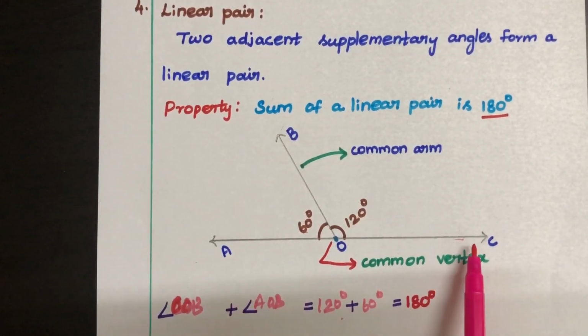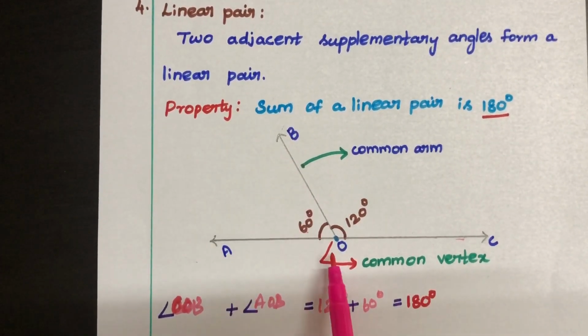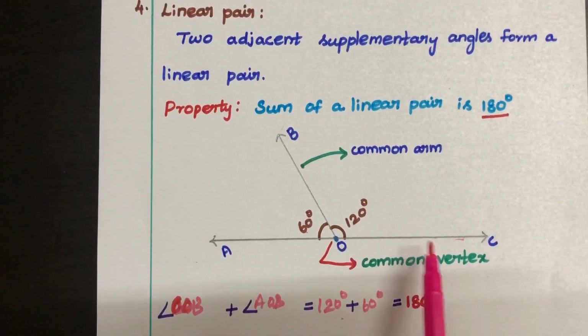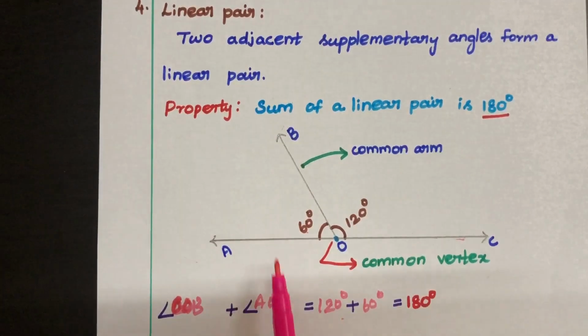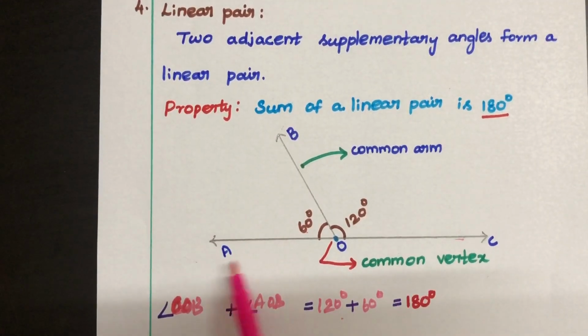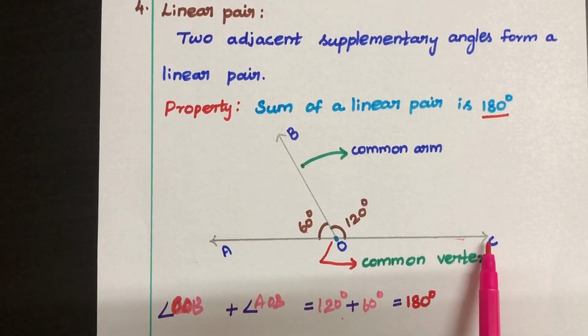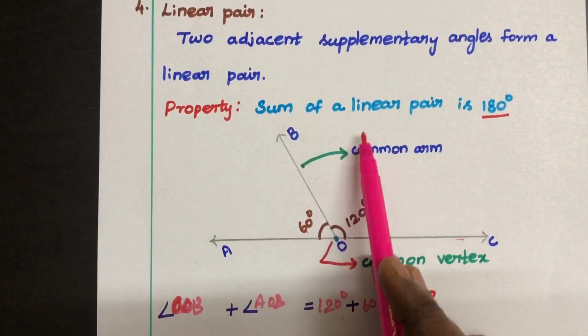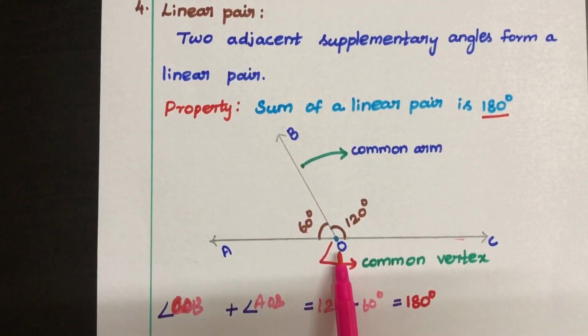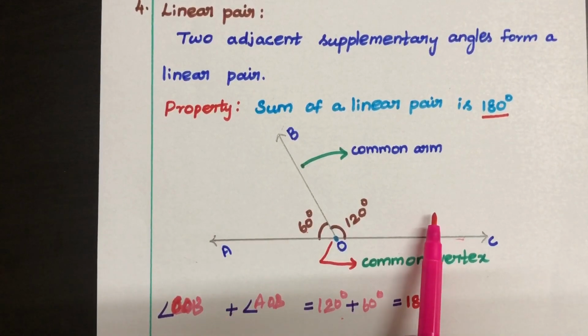If it forms over a straight line, two angles formed will give you 180 degrees, and that is nothing but a linear pair. It is very important, just keep it in mind. If you have one horizontal line and any line over the straight line, it will always give you 180 degrees. So that is called a linear pair.